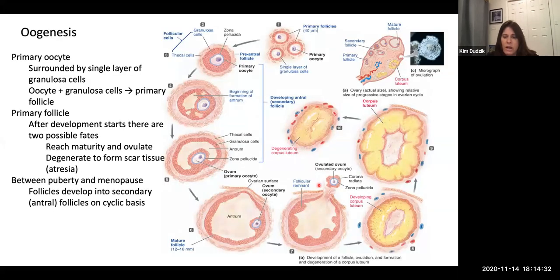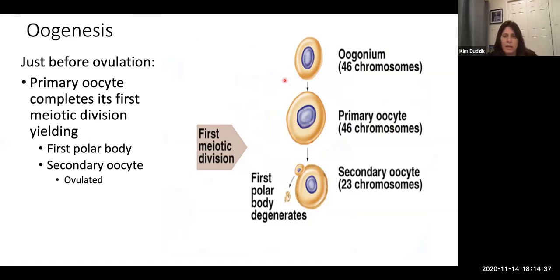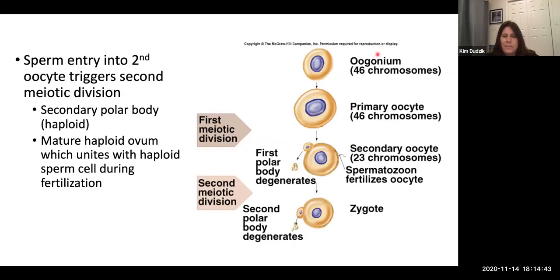All right, so here we are, here it is getting ovulated. And if there's a sperm available in the fallopian tube, a sperm, several sperm, then the penetration of the sperm will trigger the second meiotic division. Right.